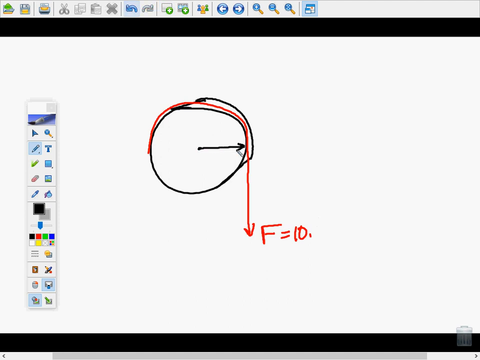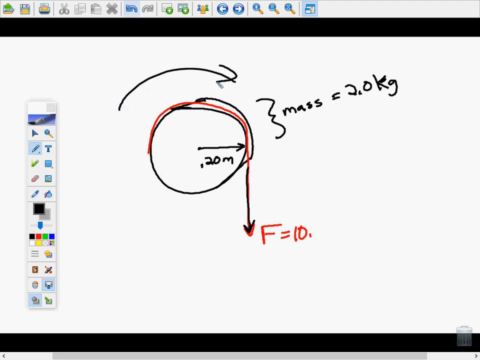What did we let that radius be? 0.2 meters. And what was the mass of the pulley? The mass of the pulley was 2.0 kilograms. So if you pull down on this rope over here, it's going to spin this pulley on this axis.